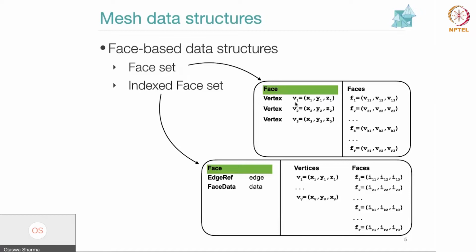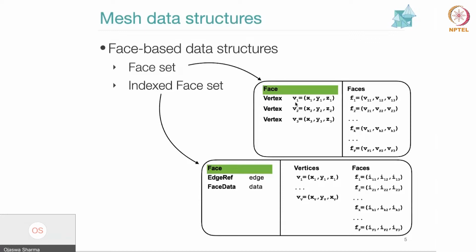Because we don't know the valency of each vertex. Yes, you don't know the valency of each vertex, and more importantly, you don't know which vertex is connected to which other vertex, in between the triangles.